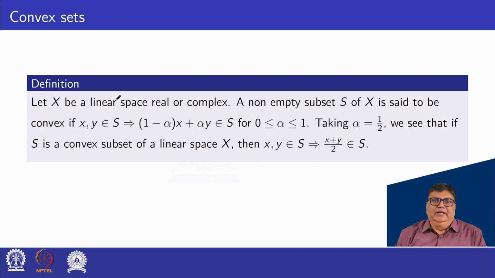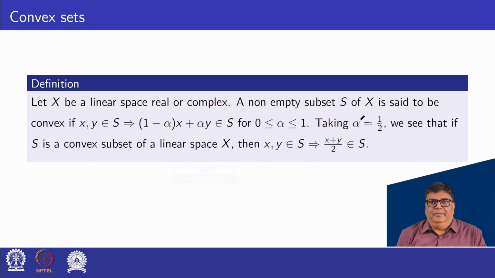Let X be a linear space, real or complex. A non-empty subset S of X is said to be convex if x, y belonging to S implies that (1 minus alpha) x plus alpha y belongs to S, for alpha lying between 0 to 1.